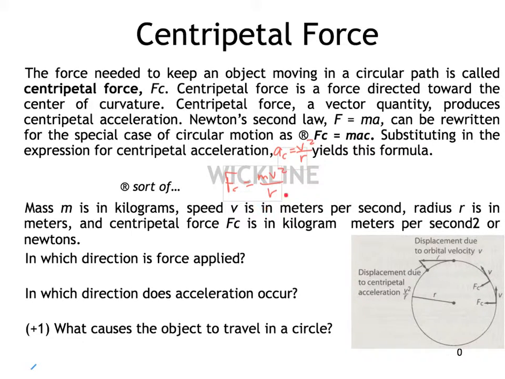The v squared over r is replacing the a. It's not on your reference table exactly because it is a combination of these two equations, but this one helps a ton for many different kinds of questions.